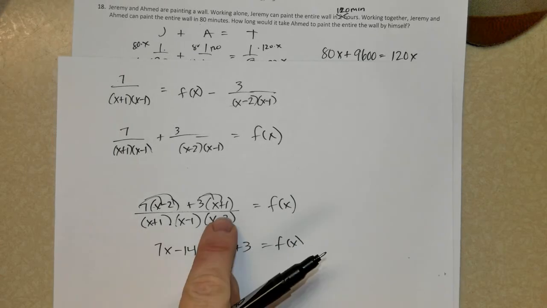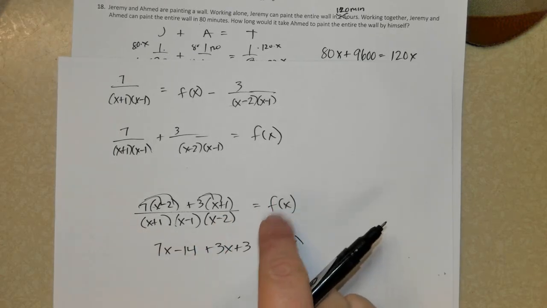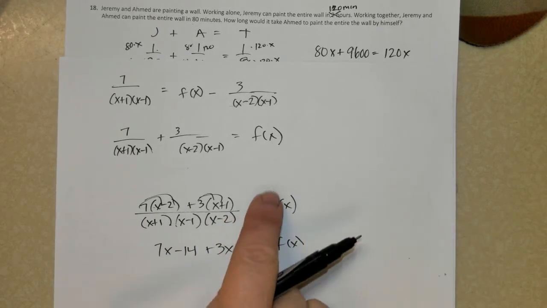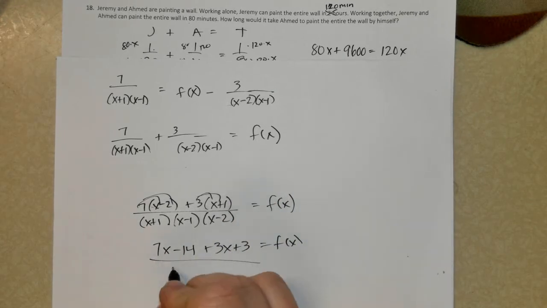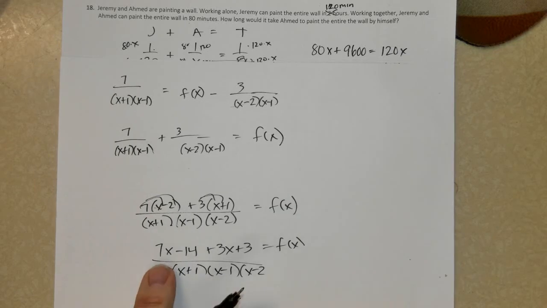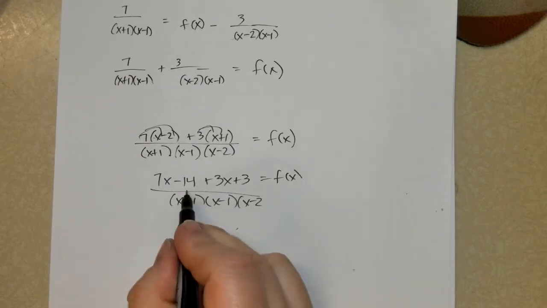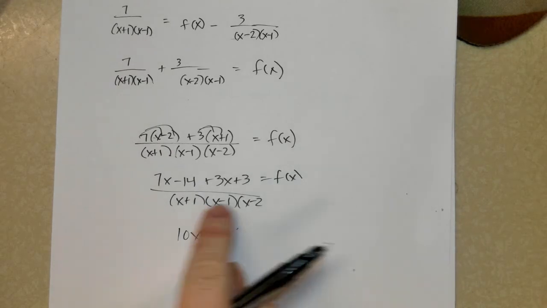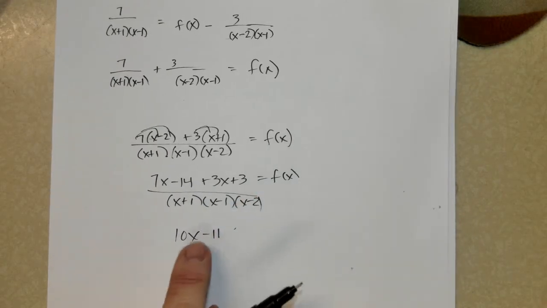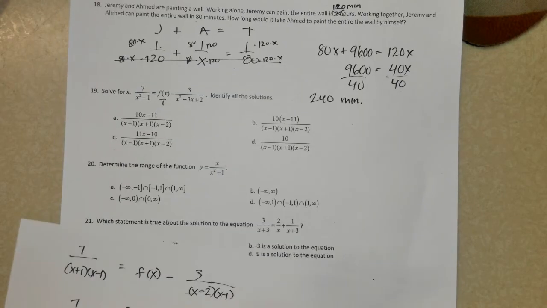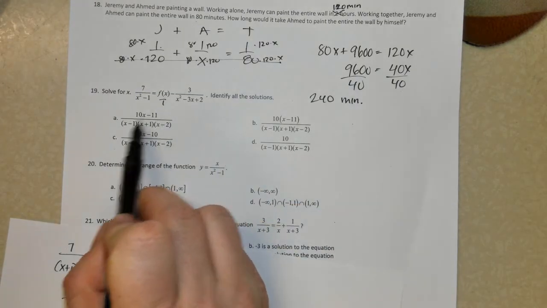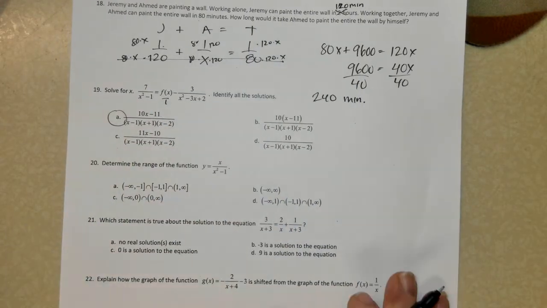Do not wipe out the bottom. Although we see an equation, we don't have an equal bottom here to wipe out. We are just isolating f of x. And when I combine like terms, I have 10x minus 11 over this quantity. The correct answer is A.